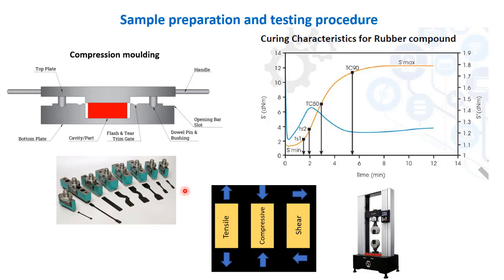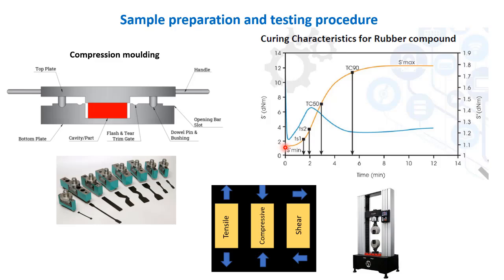Then, for polymers, we have a curing characteristic also. The curing characteristic is the time at which 90% of the polymer is cured. If you see the yellow curve, here with time the curing characteristic, that is the surface tension, I think.